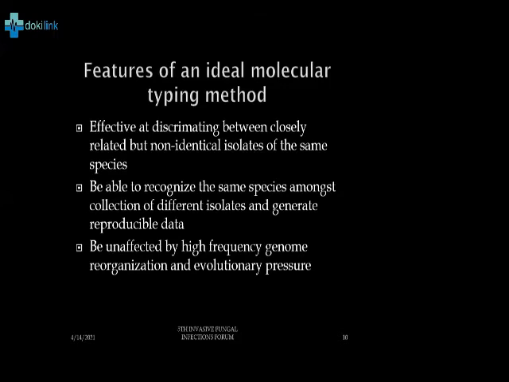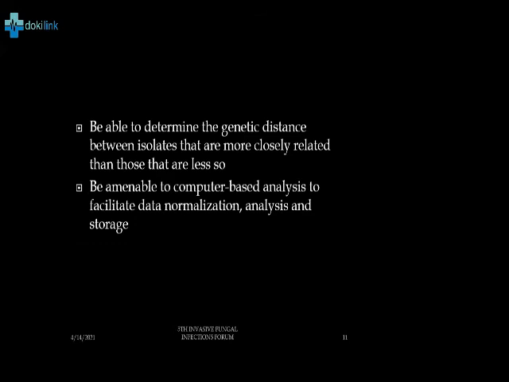It must be unaffected by high-frequency genome reorganization and evolutionary pressures. It should be able to determine the genetic distance between isolates that are more closely related than those that are less so, and must be amenable to computer-based analysis to facilitate data normalization, analysis, and storage.